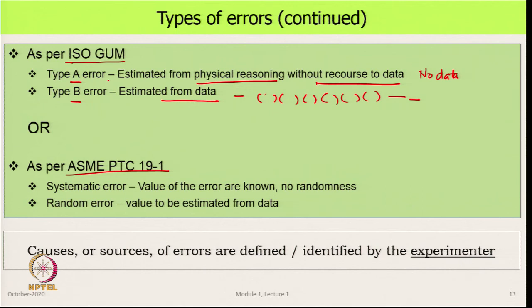ASME PTC 19.1 defines errors in a slightly different way. The terminology used is that there is a systematic error and there is a random error. A systematic error is one where the value of the error is known, there is no randomness, and it has been estimated from information that is already available with us, not necessarily data.